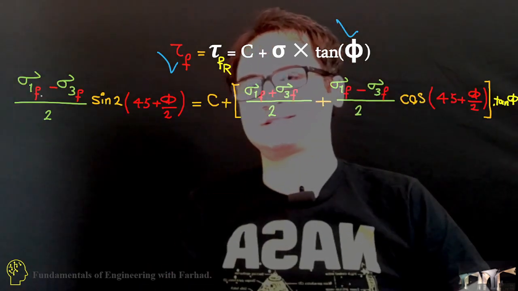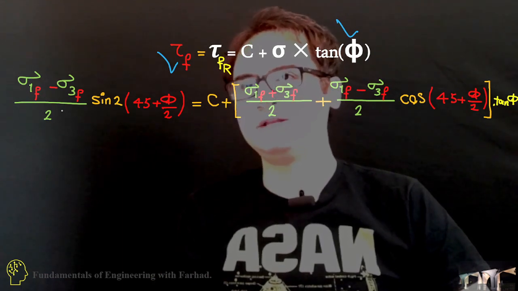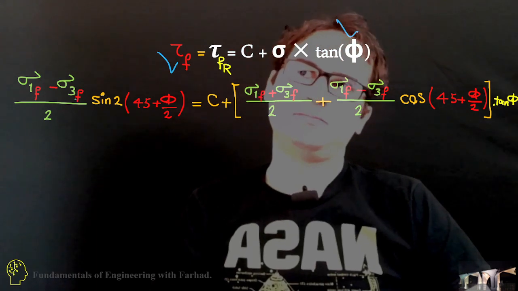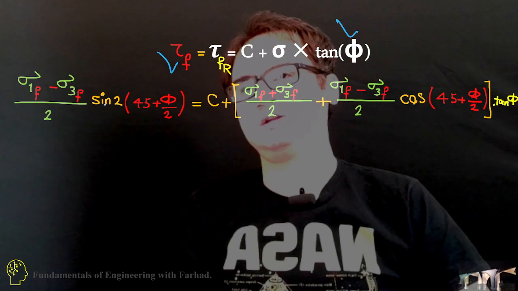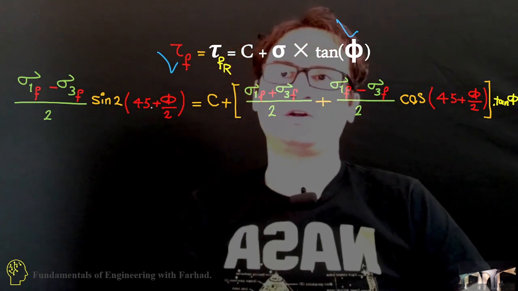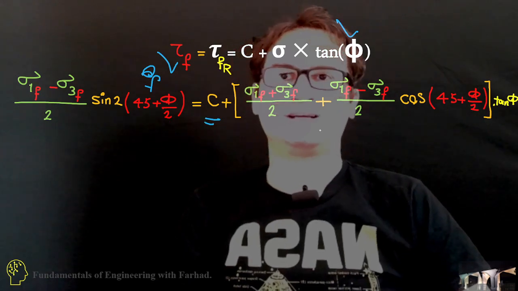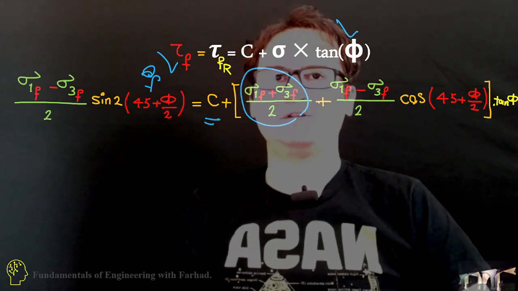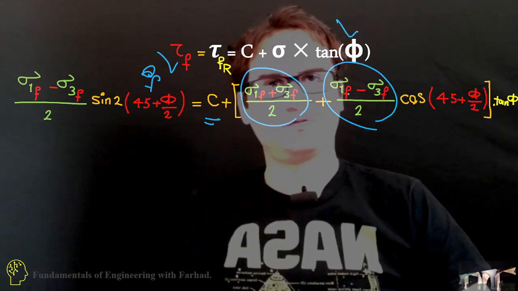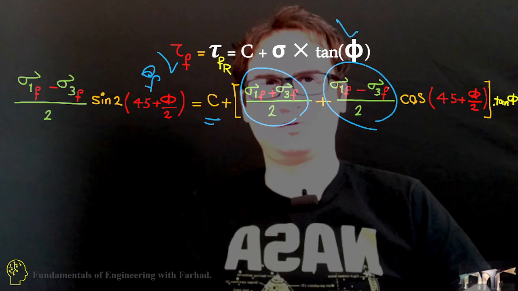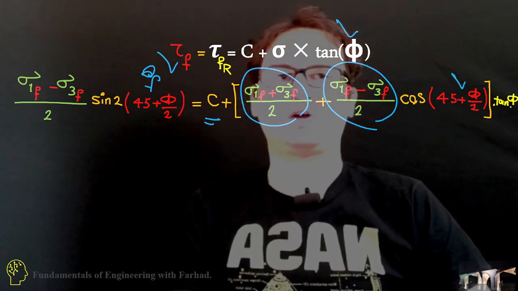It says sigma major failure minus minor failure over 2 times sine of 2 theta F is equal to C plus the average of these two, plus major failure minus minor failure over 2 times cosine of 45 plus phi over 2, times tangent of phi.